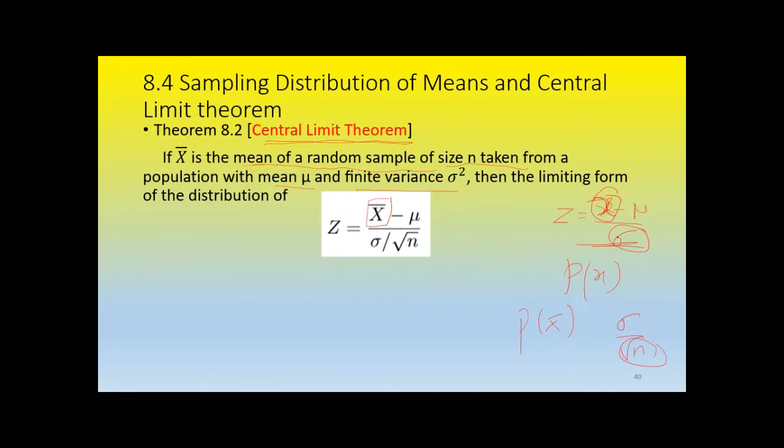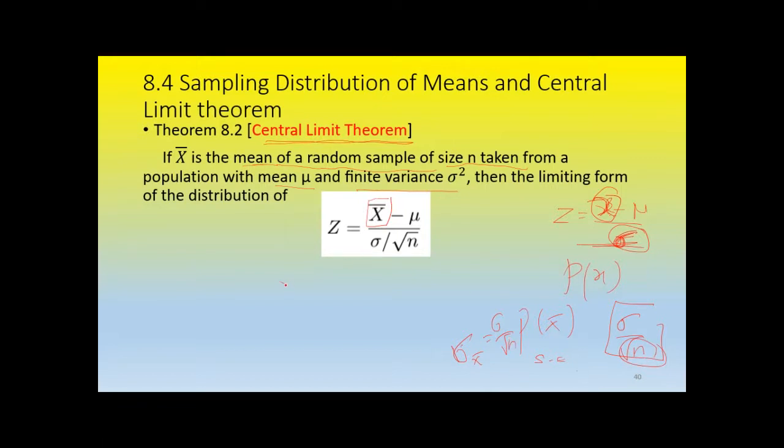If sigma is the population standard deviation, sigma over root n will be the standard error, or standard deviation of the mean. So we call it sigma x bar. Sigma x bar is sigma over root n.